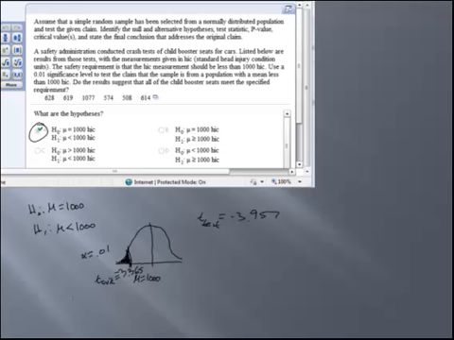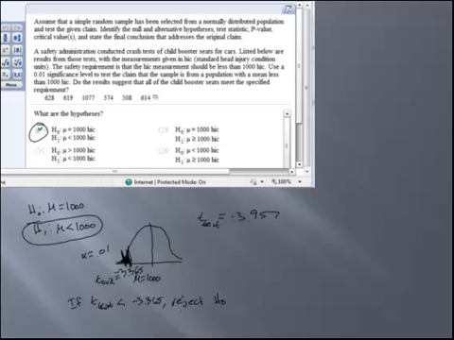If our t-test value were less than minus 3.365, this critical value, that would lead us to reject the null hypothesis that the mean is equal to 1,000, and then conclude what is in the alternative hypothesis, which is that the mean is less than 1,000. Well, our t-test value was minus 3.957, down here to the left of minus 3.365. We did land in the rejection region, so we should reject the null hypothesis.